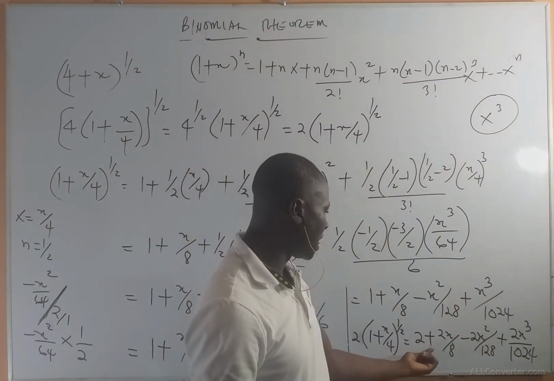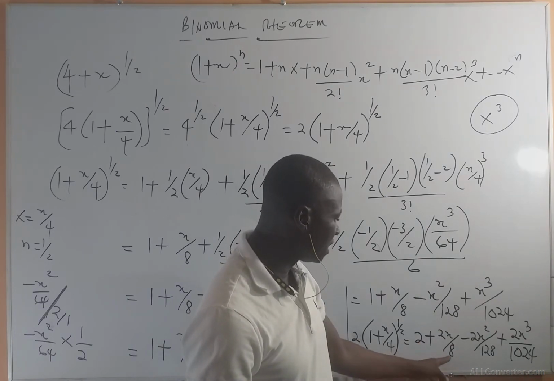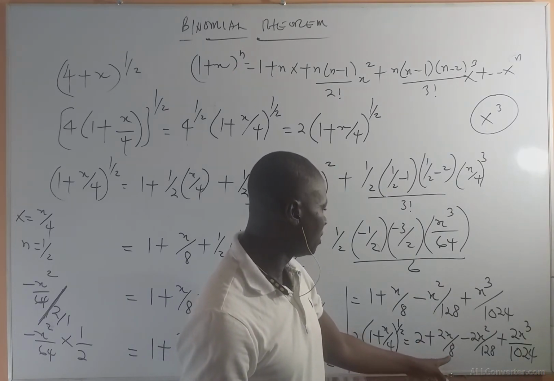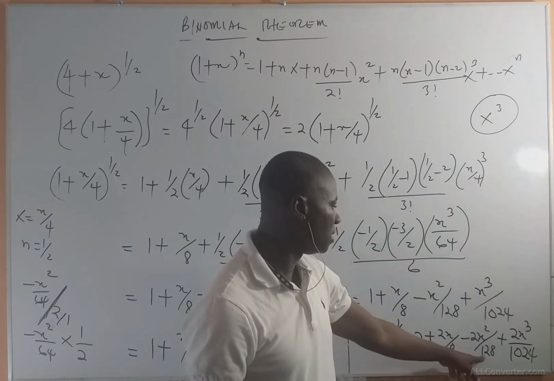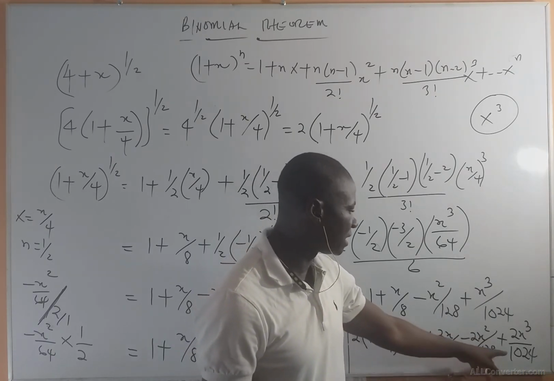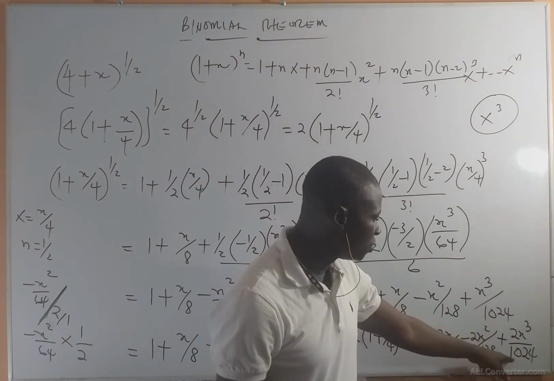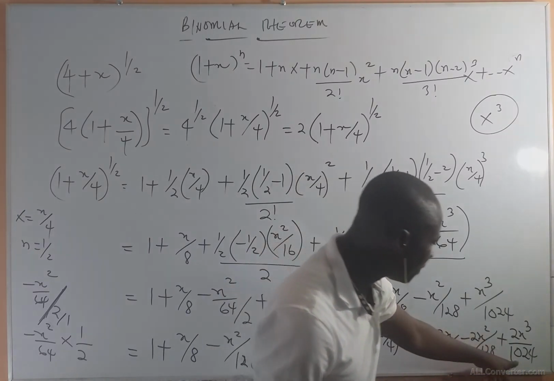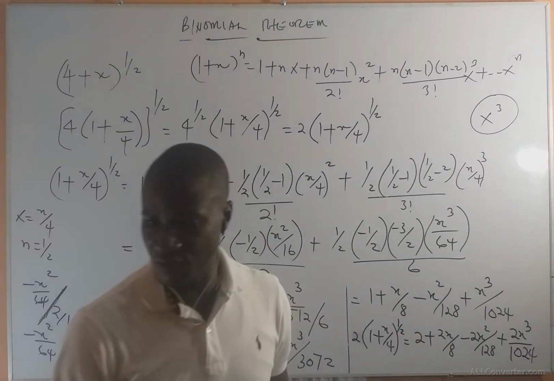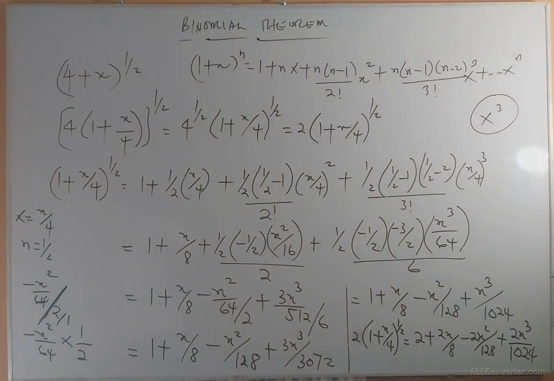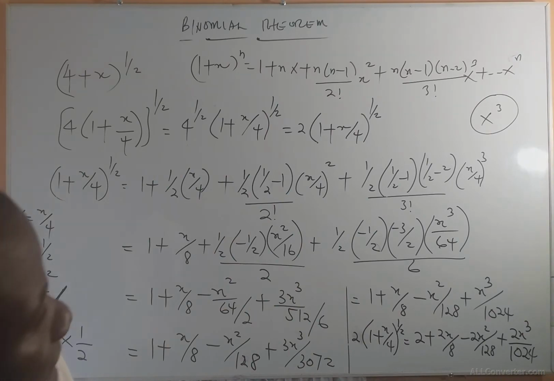This is 2 plus, don't forget that 2 goes in here 4 times, so it can be x over 4 minus, then 2 also goes in here 64 times, so it can be x squared over 64 plus, then 2 also goes into 1024. It will be 512. And so we can simplify this further.